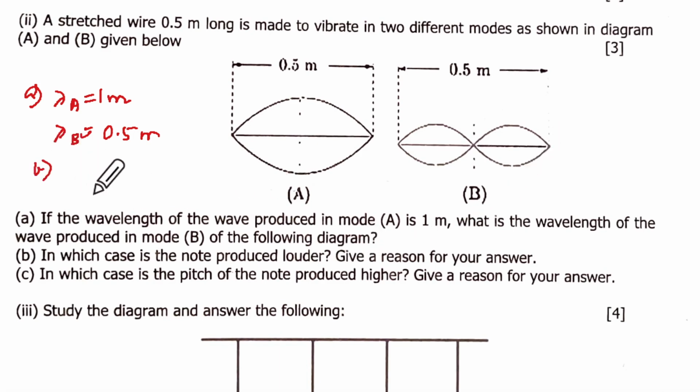What is the B part saying? In which case is the note produced louder? Give a reason for your answer. Louder will be A. So A is louder since it has higher, larger amplitude.